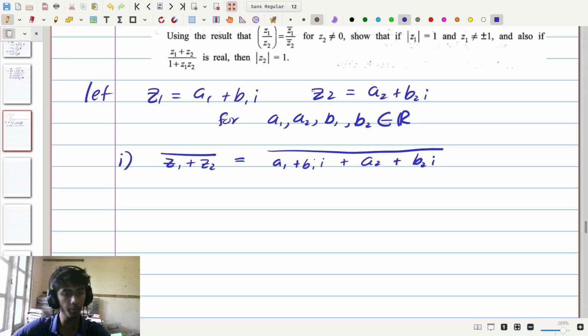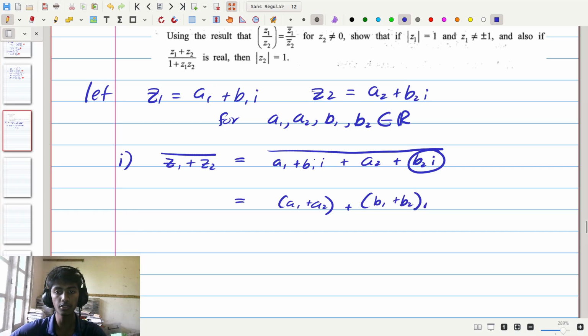Now considering this expression, we can see we have real parts A1 and A2. When added together we get A1 plus A2 as the real part, and then here we have B1I and B2I, meaning that the imaginary part here is B1 plus B2 times I, and we take the conjugate of this entire number.